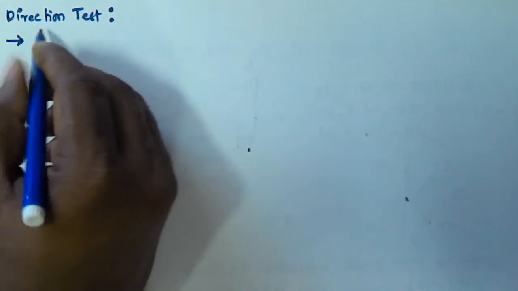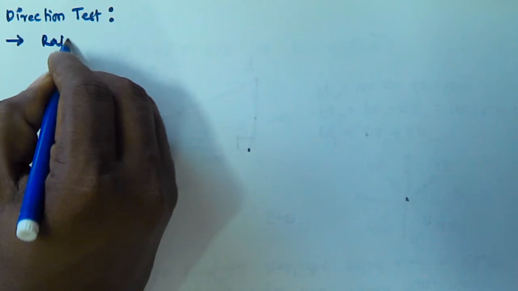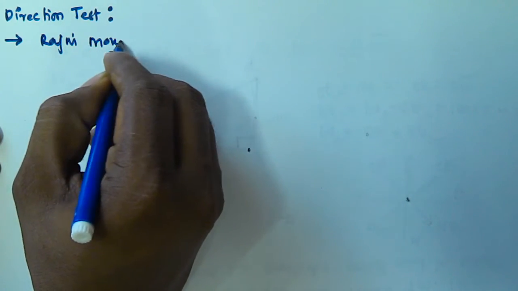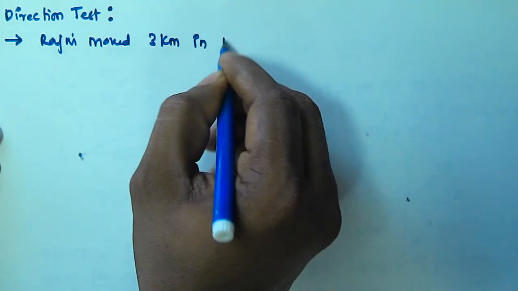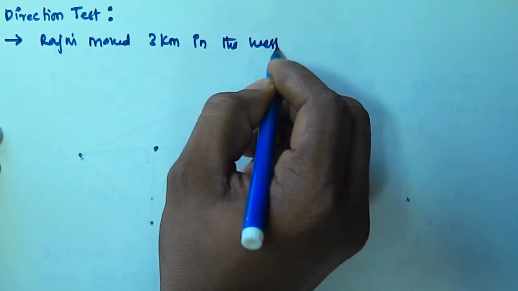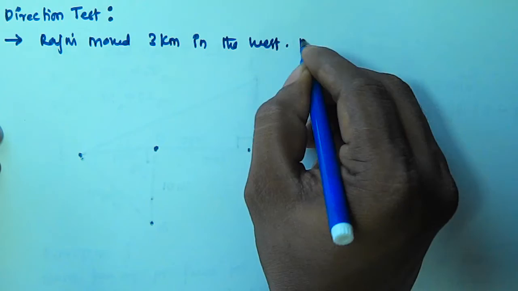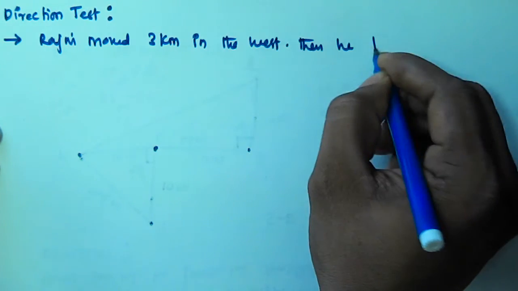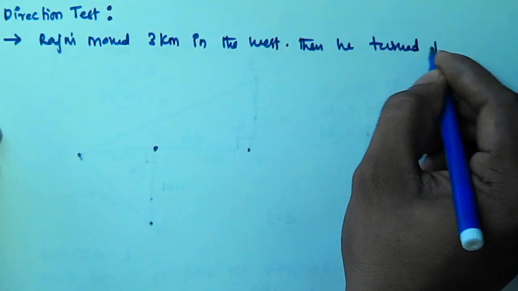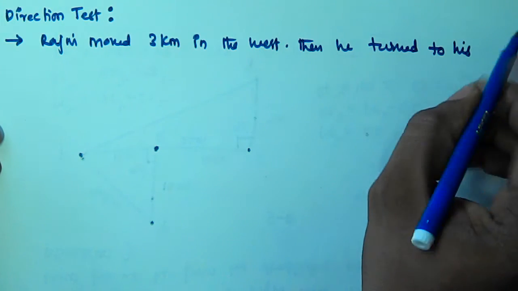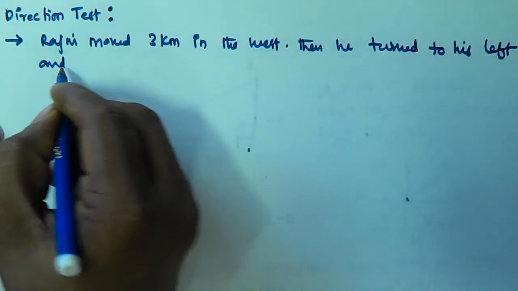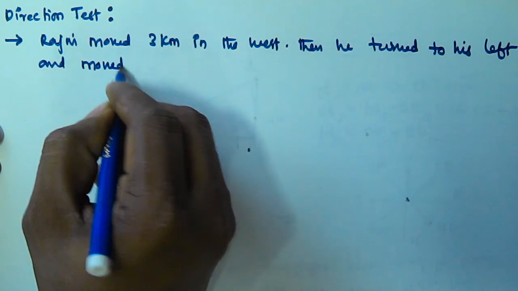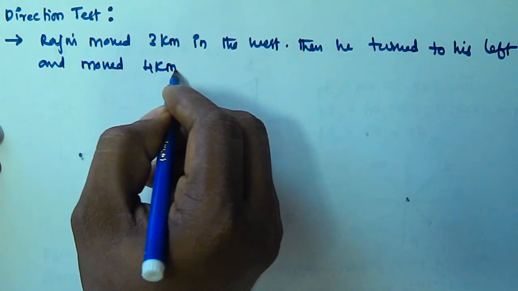Okay, and the problem is: Rajni moved 3 kilometers in the west. Then he turned to his left and moved 4 kilometers.